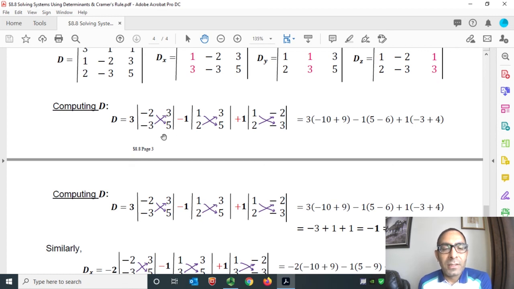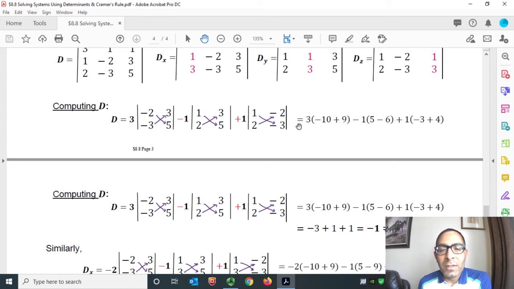Next, let's expand these 2 by 2 determinants, and multiply by 3 the first determinant expansion, multiply by -1 the next expansion, and similarly multiply by 1 the expansion of the last determinant, which I did here.